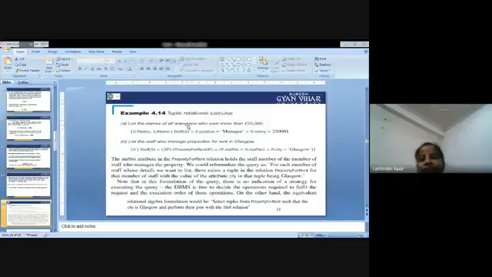And second is, list the staff who manage properties for rent in Glasgow. These are two tables that could be there. First is for the staff that I have already discussed, and you can create a table for the property for rent. In that property for rent, you can create various attributes according to the conditions given here.